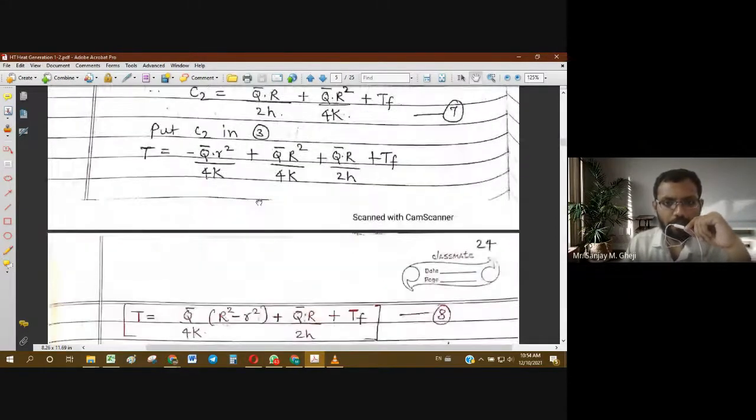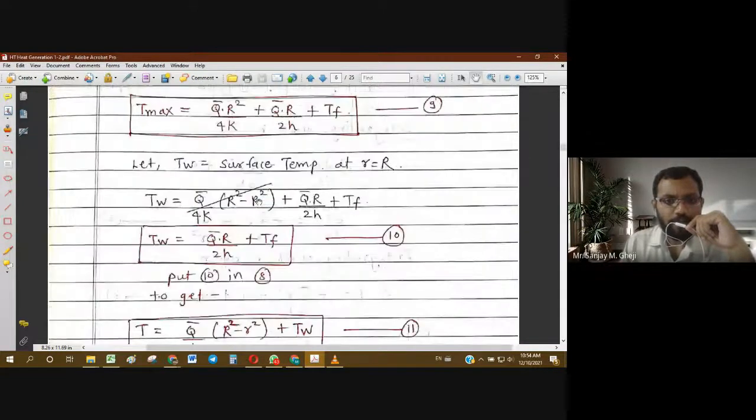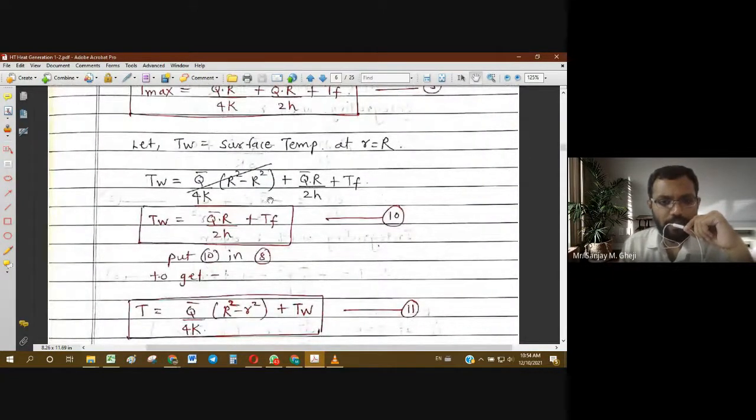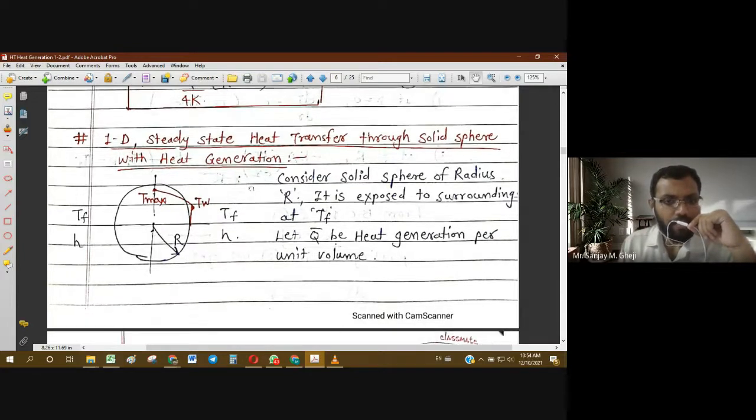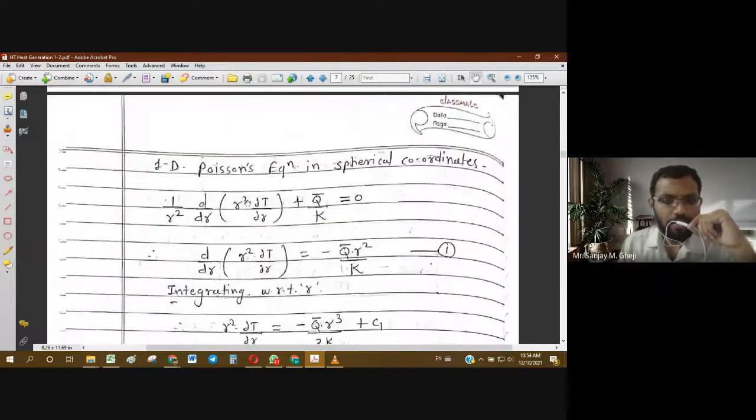Then we went on to discuss the solid sphere. Again, in case of a solid sphere, we have to refer to spherical coordinates. In spherical coordinates, we have three dimensions: radius, one angle theta in the horizontal plane, and angle phi in the vertical plane. But as we are considering only one-dimensional heat transfer, that is in radial direction, we applied our mathematical analysis in the radial direction only.